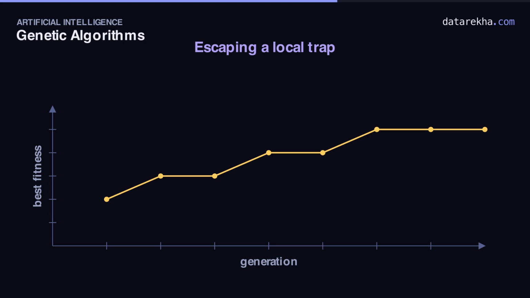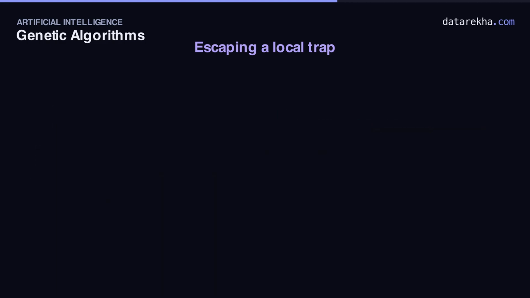So the best fitness ratchets upward. 2, 3, 4, never falling, because the best is always carried forward until it flattens at the top. Here, fitness 5, the all-ones string, the global best. The population has converged on the optimum.